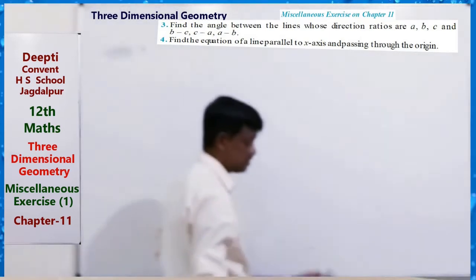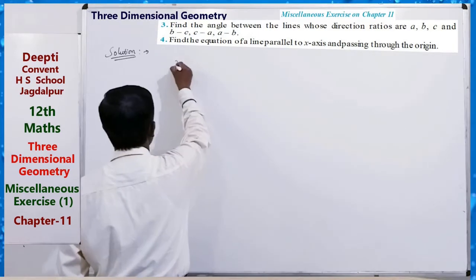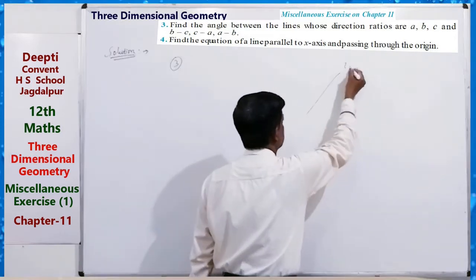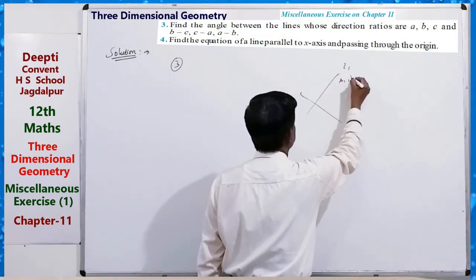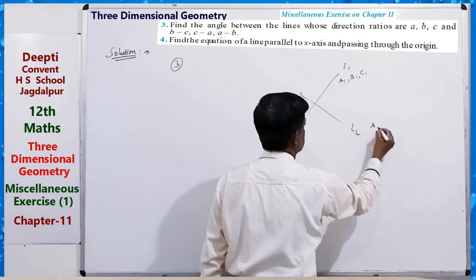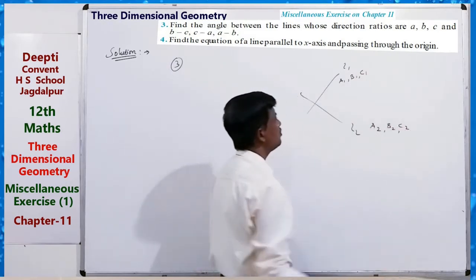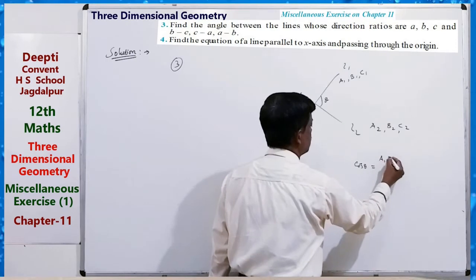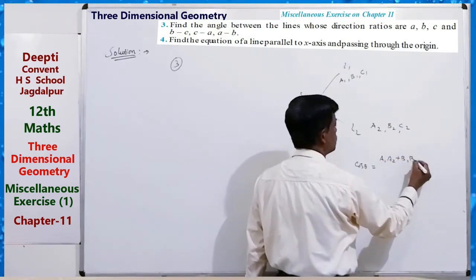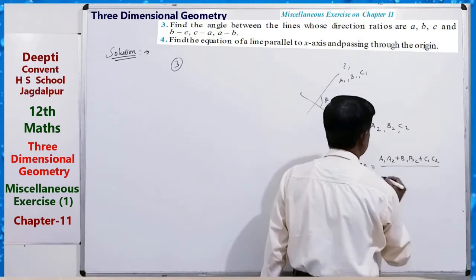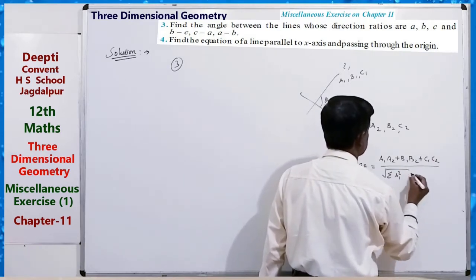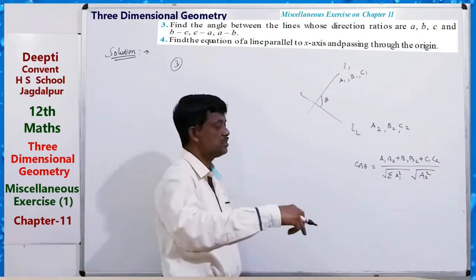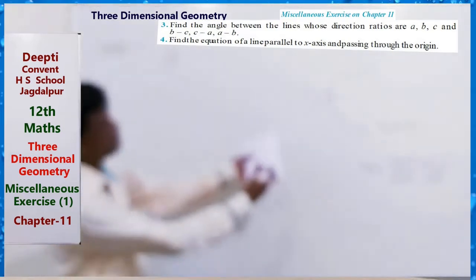We know for two 3D lines, L1 with direction ratios A1, B1, C1 and L2 with A2, B2, C2, the angle theta between them is given by cos theta equals A1 A2 plus B1 B2 plus C1 C2 upon root over A1 square plus B1 square plus C1 square, times root over A2 square plus B2 square plus C2 square. So just use this formula in this question.